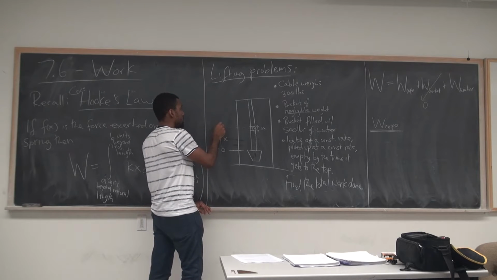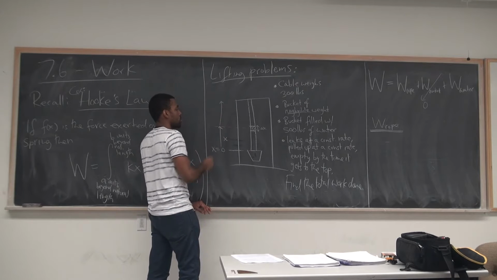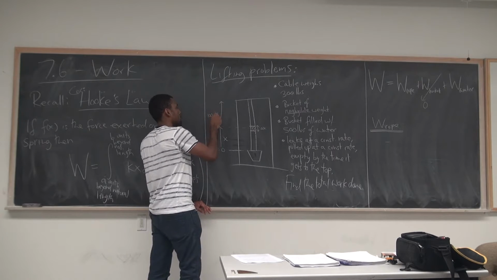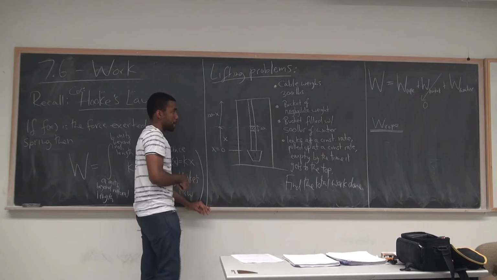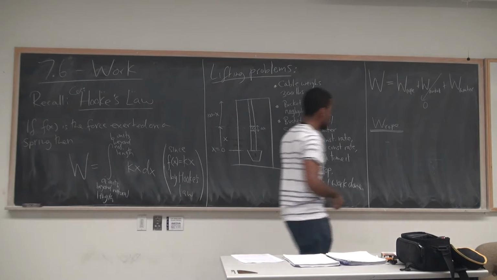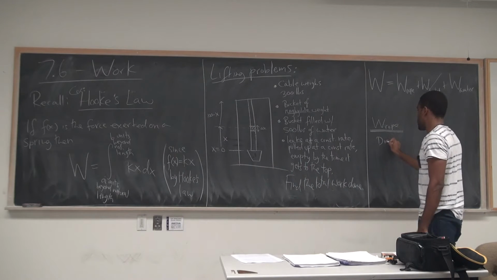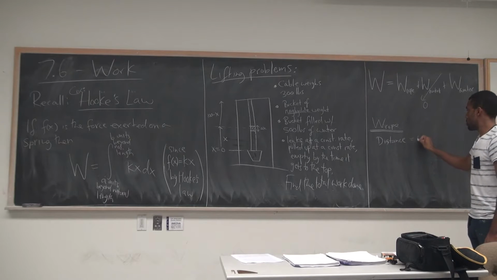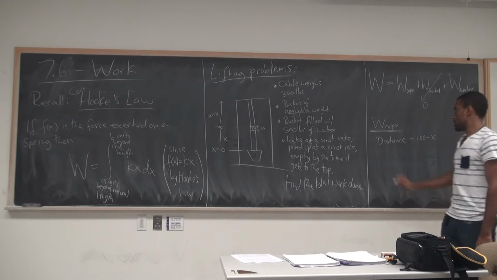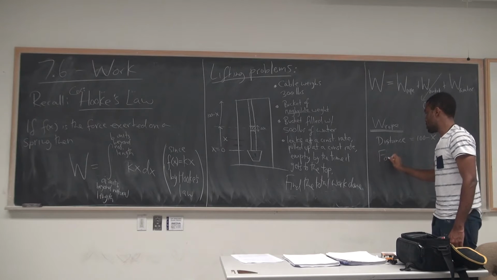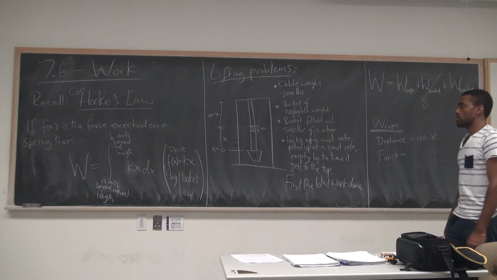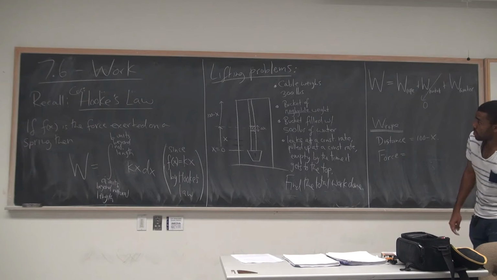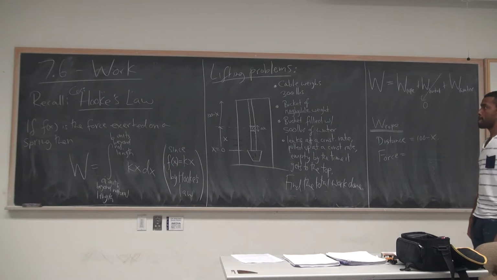which means that the distance it needs to travel to get to the top will be 100 minus x. So here I know that the way I'm setting things up, the distance to travel is 100 minus x. Then I'm going to worry about the force for this piece. Right? And we found that it was, what was it?